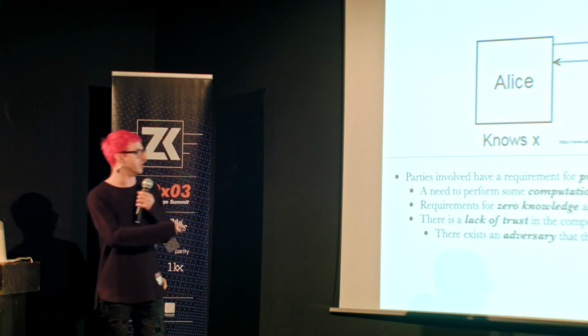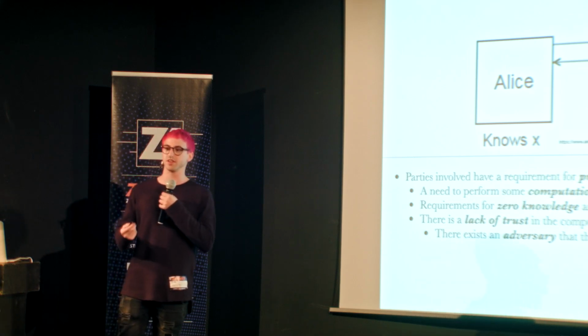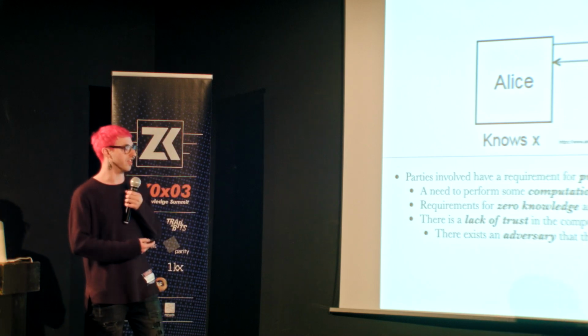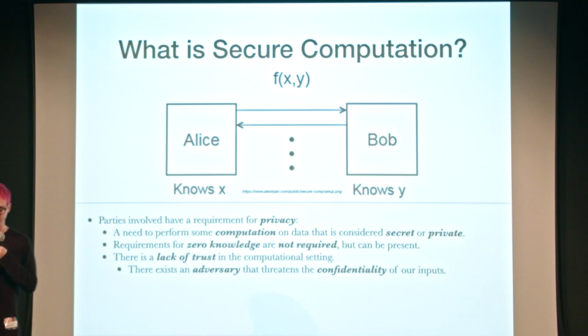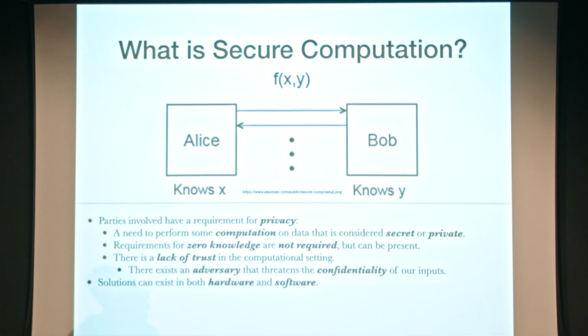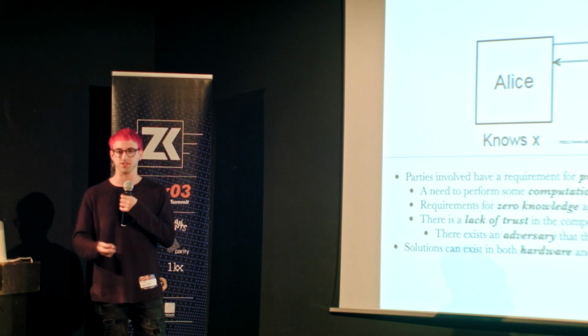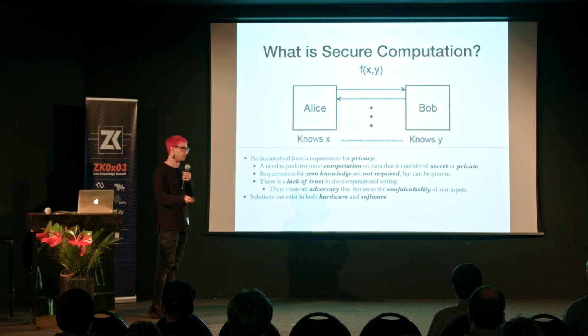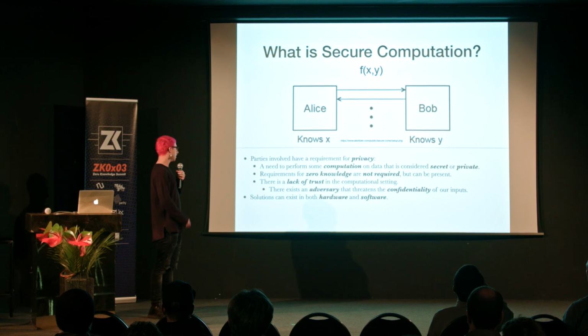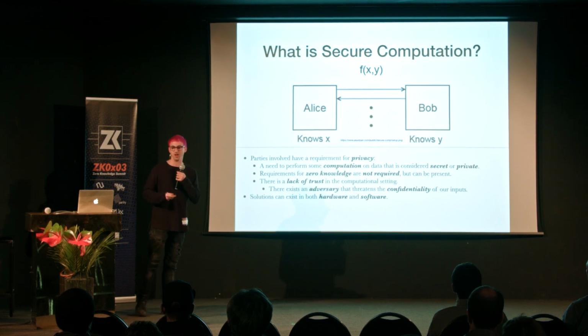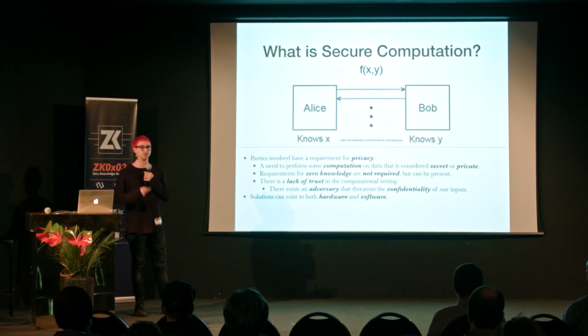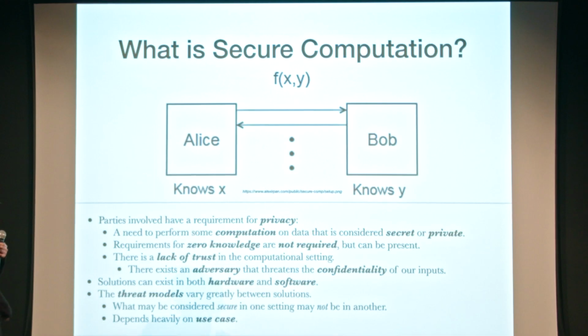Either way, there is an adversary in our situation that threatens the confidentiality and the integrity of that data. Solutions can exist in both hardware and software. We'll be discussing those, and I only have one hardware example, which is something like Intel SGX, or trusted execution environments that are built in hardware. And we'll also be seeing how software security is achieved.